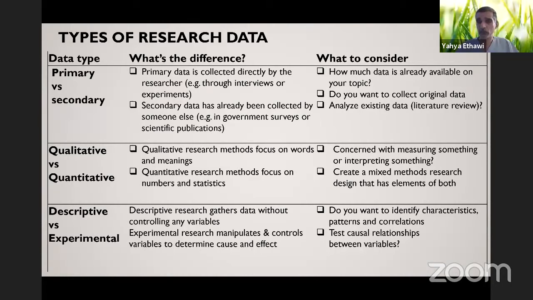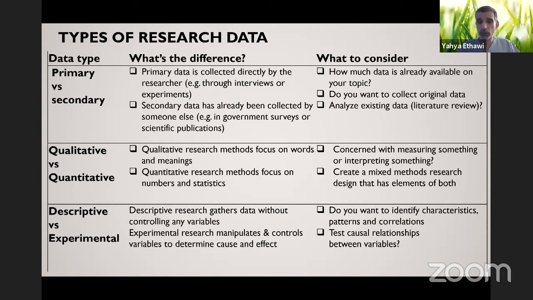While if you wanted to be experimental, you expose some to smoking and you don't expose others to smoking. So you interfere with the independent variable that can cause or change the dependent. So descriptive, you go and describe. Experimental, you test yourself. Experimental, of course, can be in the lab, can be in the field.